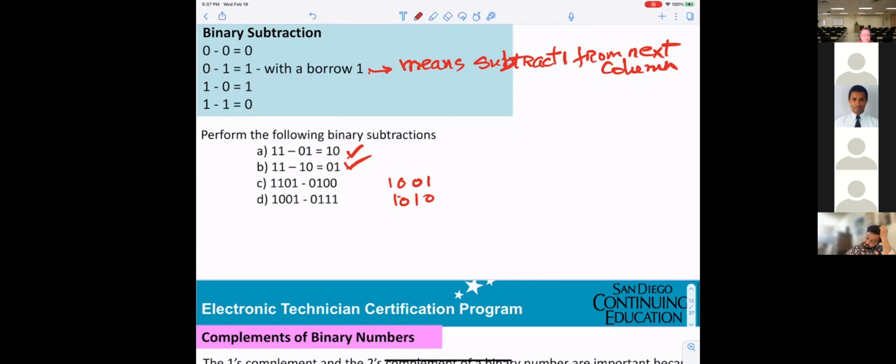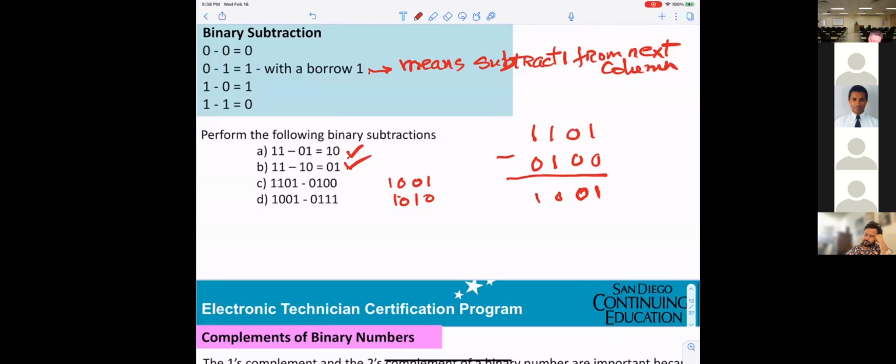Well, I can still see 1 minus 0 is 1 and then 0 minus 0, 1 minus 1. 1 1 0 1 minus 0 1 0 0, 1 minus 0 is 1, 0, 0, 0. 1 minus 1 is 0, 1 minus 0 is 1.